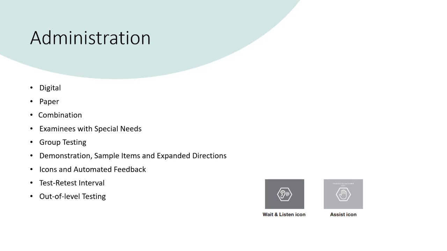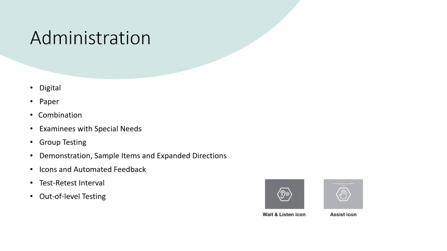For demonstration items, sample items and expanded directions, the digital format provides demonstration items that introduce navigation within the test workflow, and both the digital and paper formats provide sample items designed to teach and allow practice with the different item types. There are icons and automated feedback.